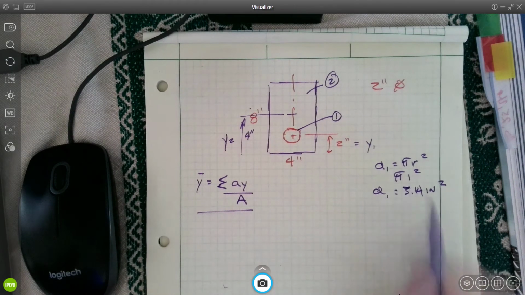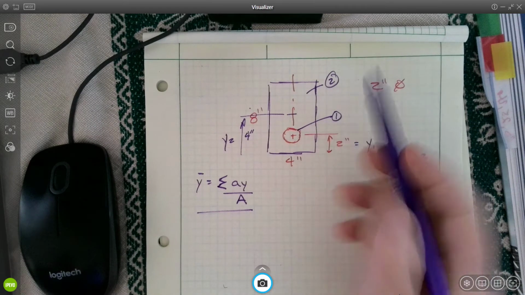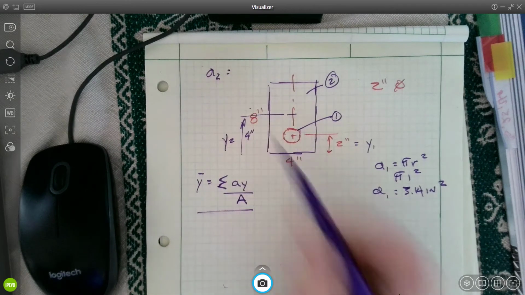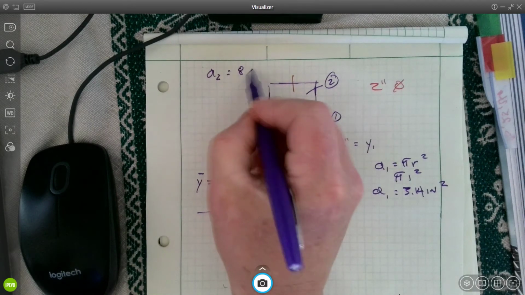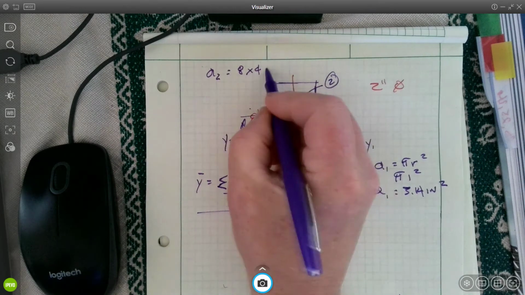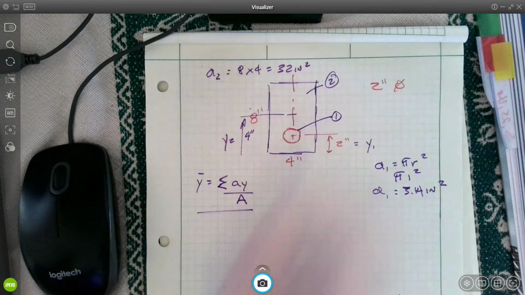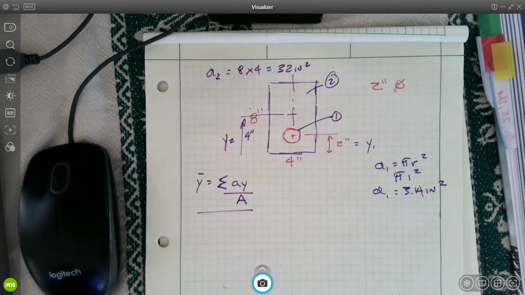And then you need area 2. Area 2 is here, and that's just 8x4. So what's that? 32? So hopefully I don't muck up any math here.